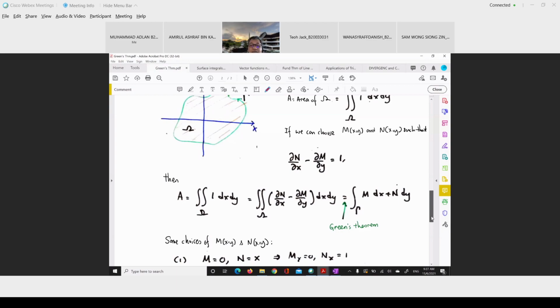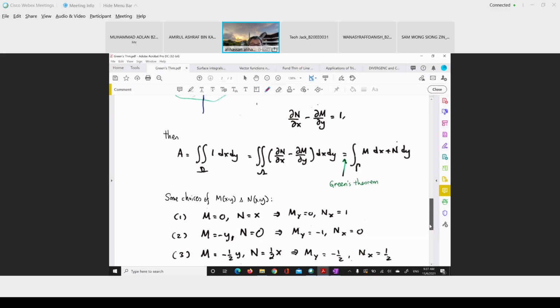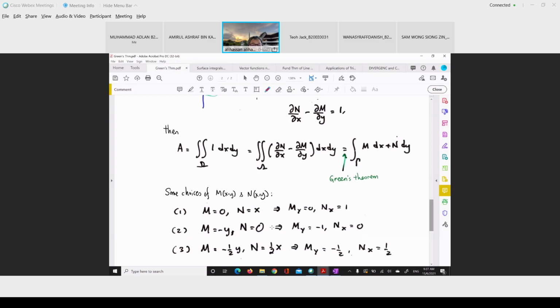Here are some choices of M and N to make N partial x minus M partial y equal to 1. If I choose M equal to 0, N equal to x, then M partial y equals 0, N partial x equals 1.